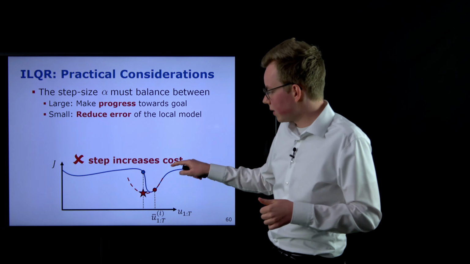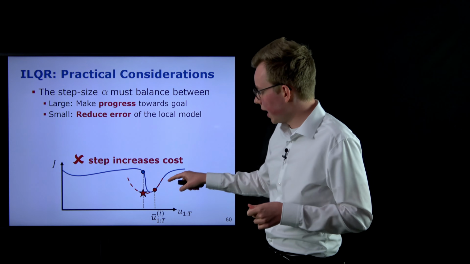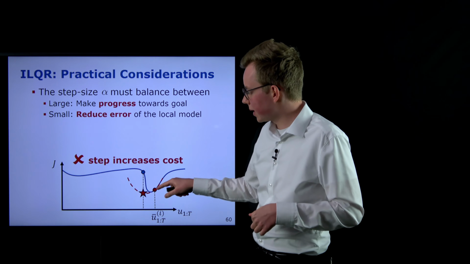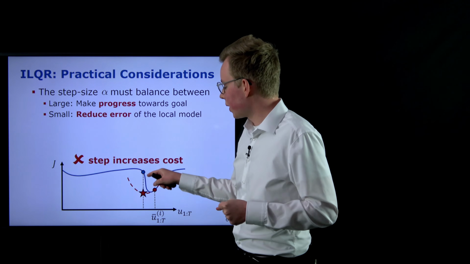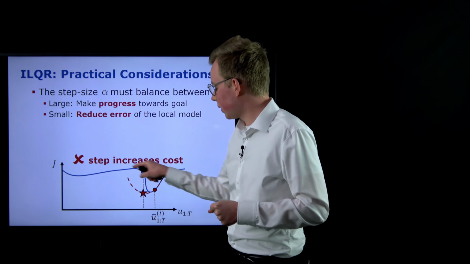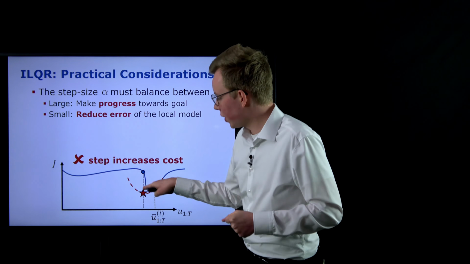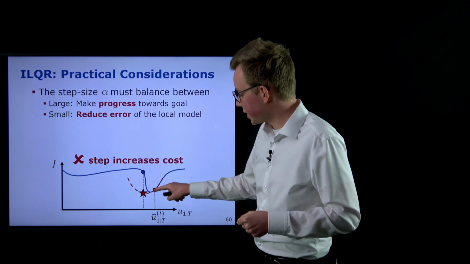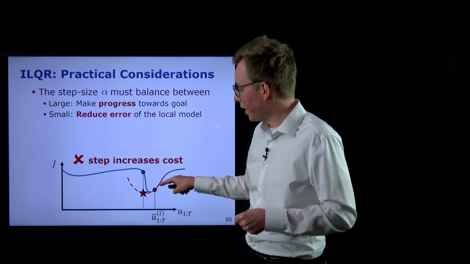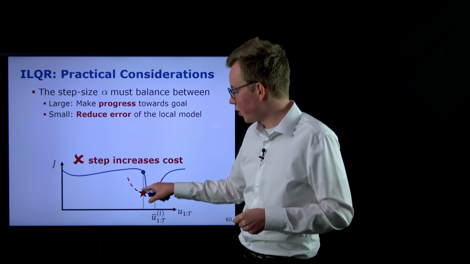Imagine that we have this different cost landscape and we linearize about this operating point here. Due to some stronger nonlinearity in the original cost, it curves upwards quite quickly, whereas our local approximation about this operating point predicts that the minimum will be here.